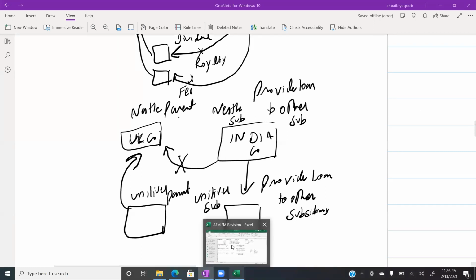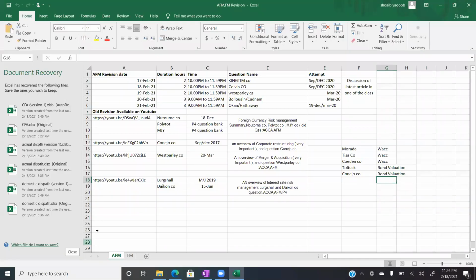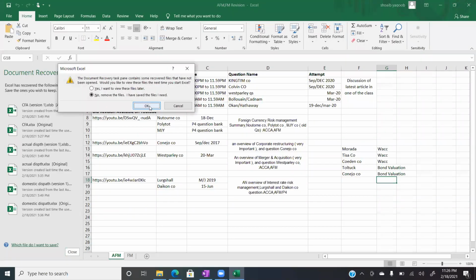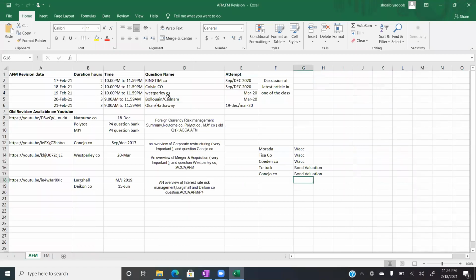Okay, guys. Tomorrow we have the agenda to solve the West Parlay question. This question is a March 2020 attempt. We will solve the West Parlay question and then we will discuss its theoretical parts.